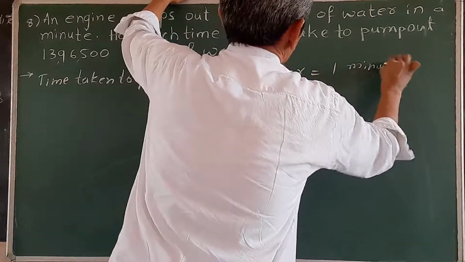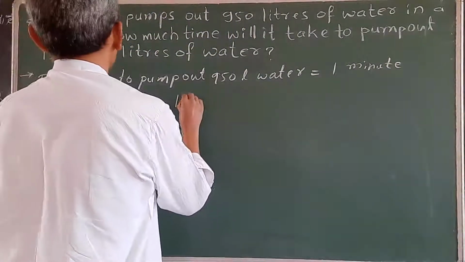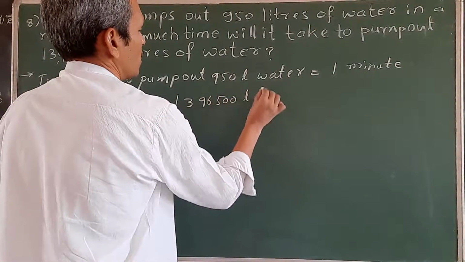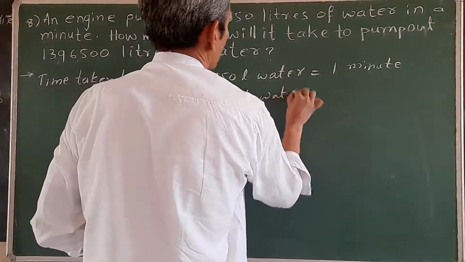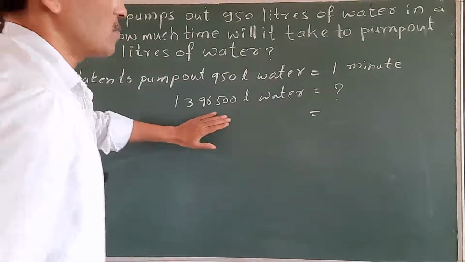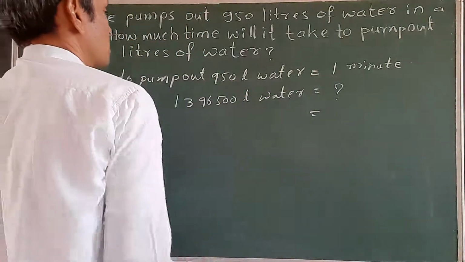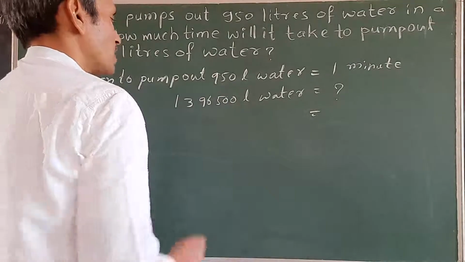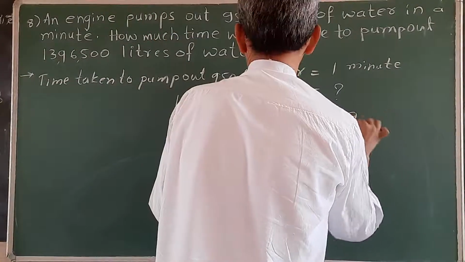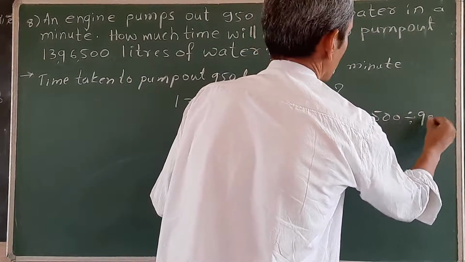And the time taken to pump out 13,96,500 liters of water is, we don't know. If we divide the quantity of water pumped out by the quantity pumped out in 1 minute, that is 950 liters, then we will get the number of minutes. 13,96,500 divided by 950.